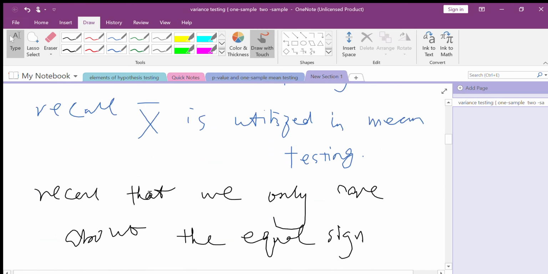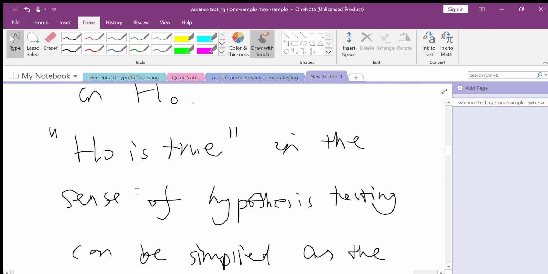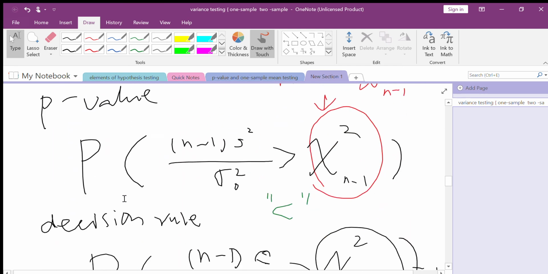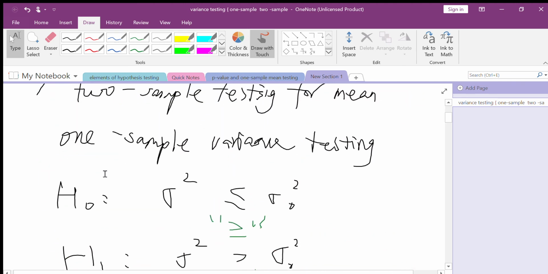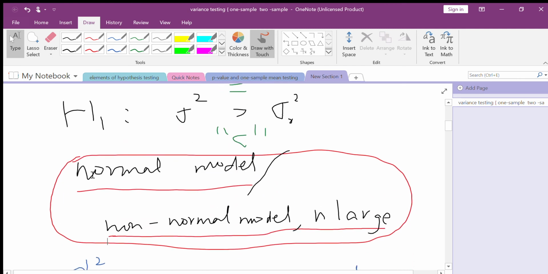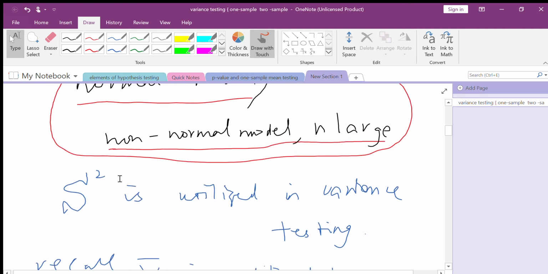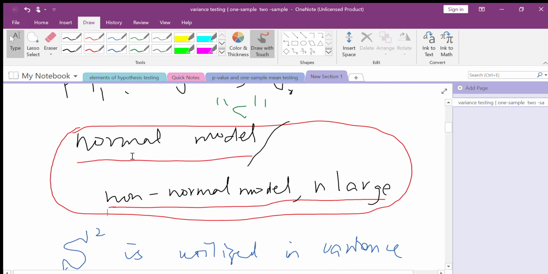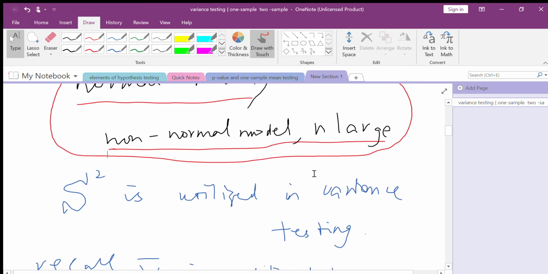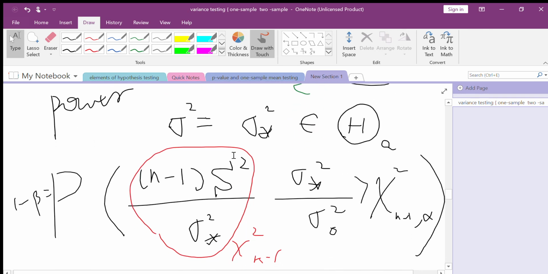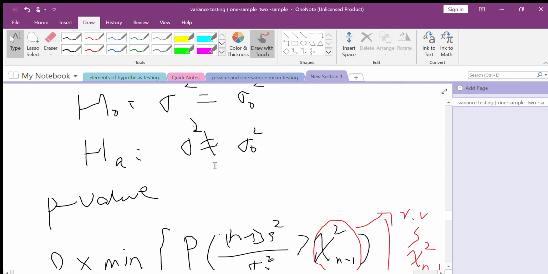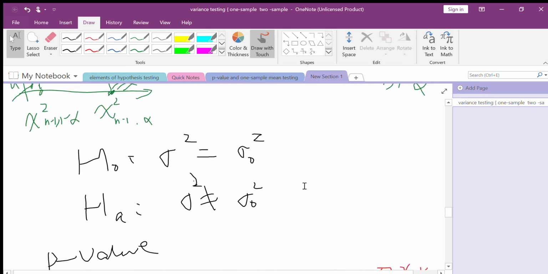So let's do a quick review of today's material. Today we first talked about one-sided, one-sample variance testing, and I said that the testing procedure is correct for the normal model or non-normal model when n is large, which is supported by the central limit theorem. And the same holds for two-sided variance testing.